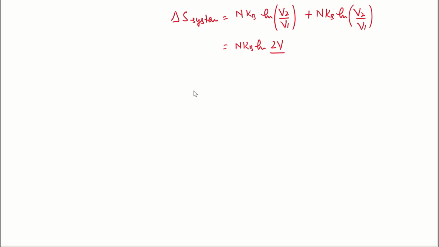When there is a complete mixing of the gases in the two different systems, the final volume for the composite system will be 2V, and the initial volume is V, plus n kB ln 2V upon V, that is equal to 2n kB ln 2. So that's the final answer.